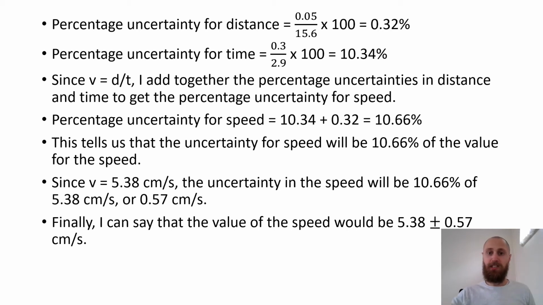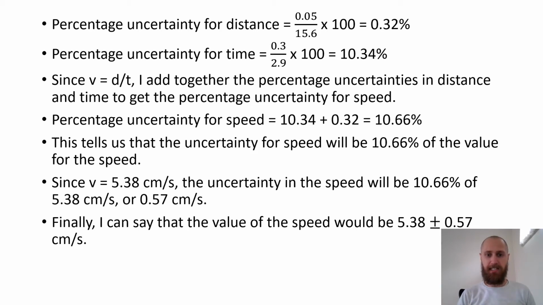So my uncertainty for distance was 0.32% of my value that I measured when I did my calculation for distance, or when I measured distance, sorry. Similar thing for percentage uncertainty for time. The uncertainty was 0.3, my time measurement was 2.9, 0.3 divided by 2.9 times 100 gets me 10.34%. So that's my percentage uncertainty for my time.